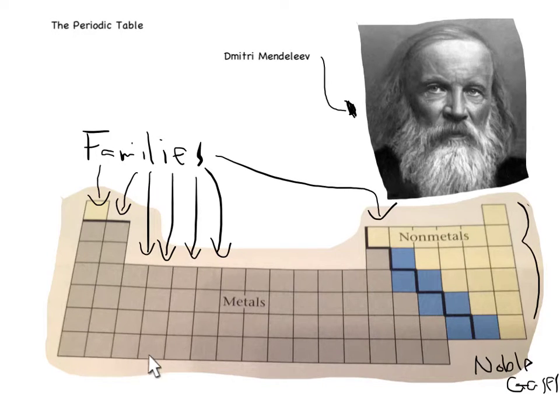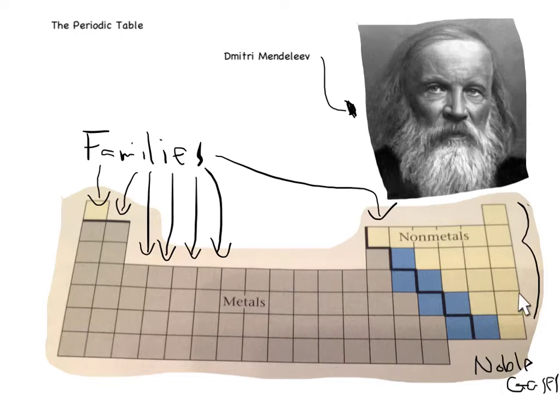Now, if you look on this periodic table, and at the one in the book and the one on the wall, you'll notice a zigzag line. The zigzag line is a dividing point on the periodic table. It separates the elements that have metal properties, that are metals. So they're shiny, they conduct electricity, they conduct heat very well, and you can bend them.